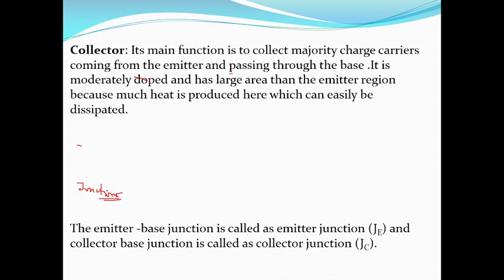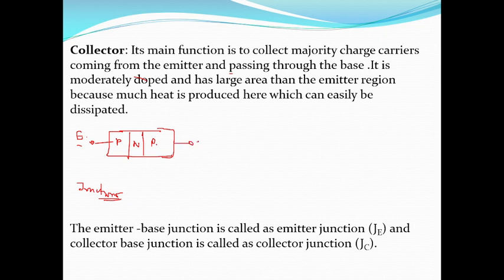So see here, if we go for a PNP transistor, this is the P region, this is the N region, and this is the P region. For the PNP transistor, this P forms the emitter.